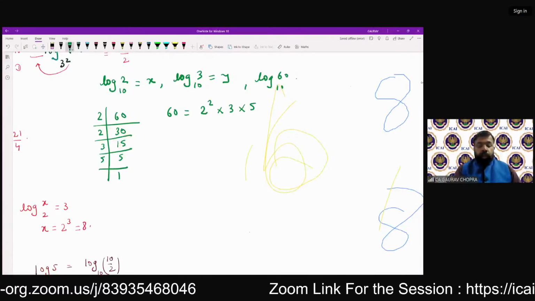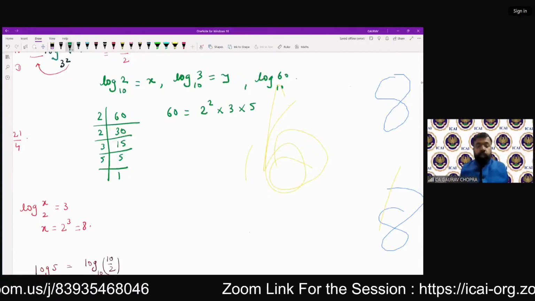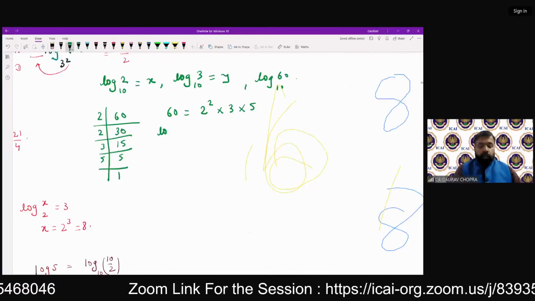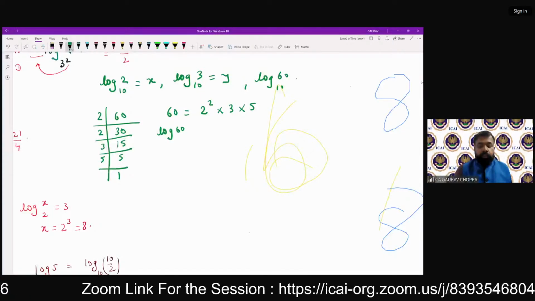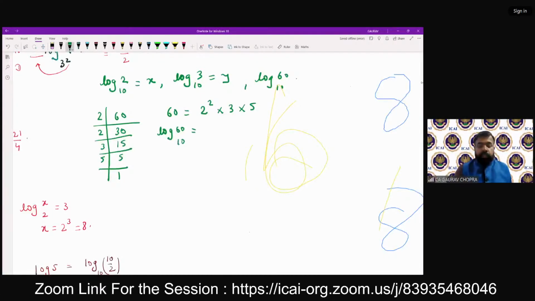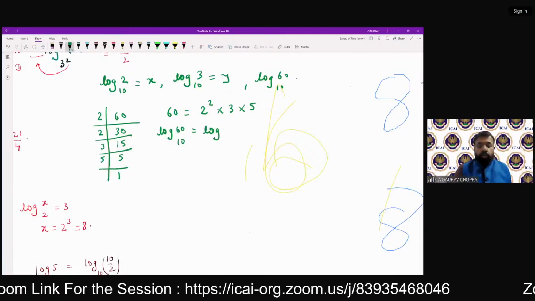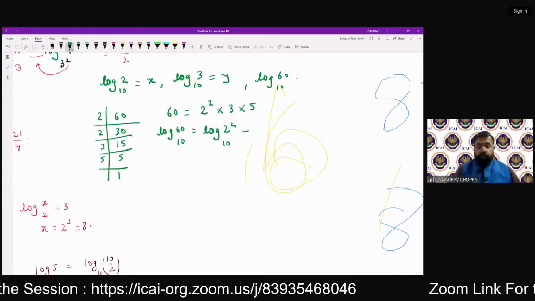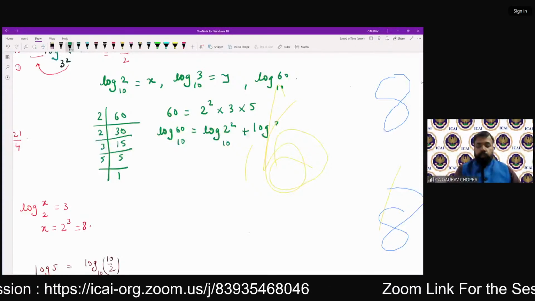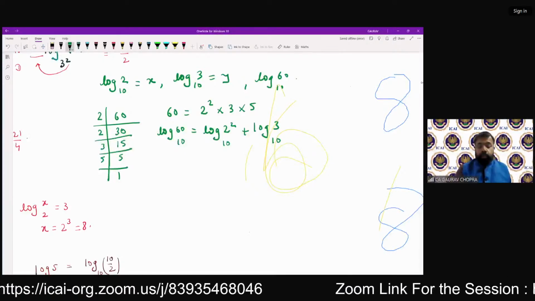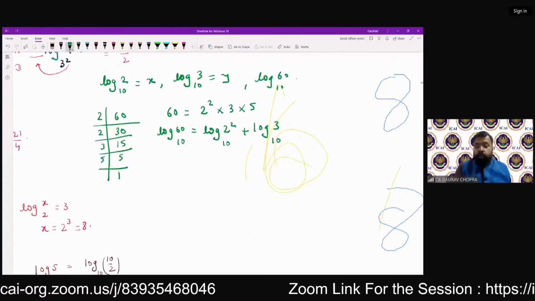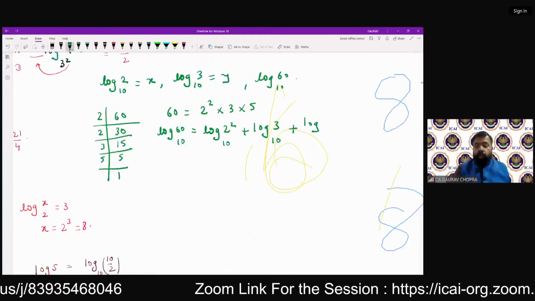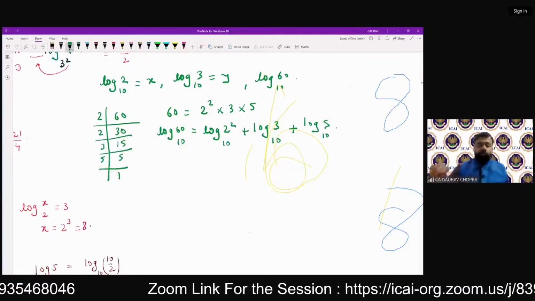So if we take logarithm on both the sides, we will get log 60 base 10 is equal to log 2 square base 10, log 3 base 10 and log of 5 base 10.